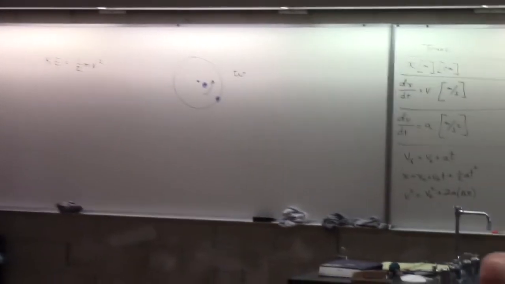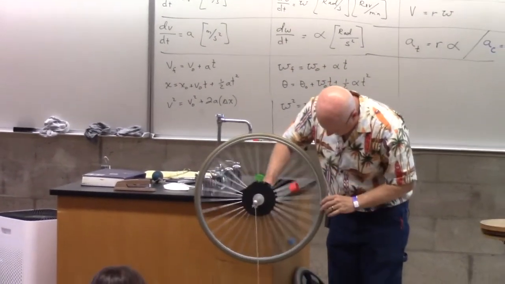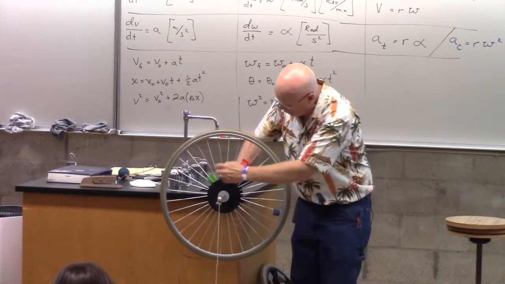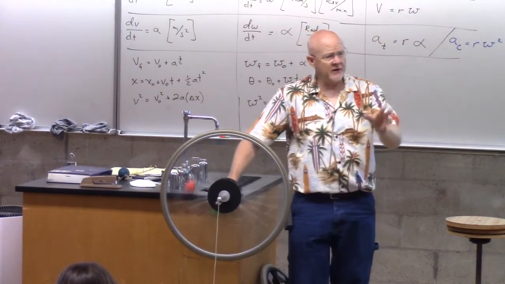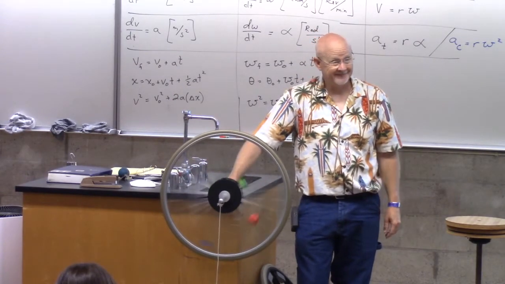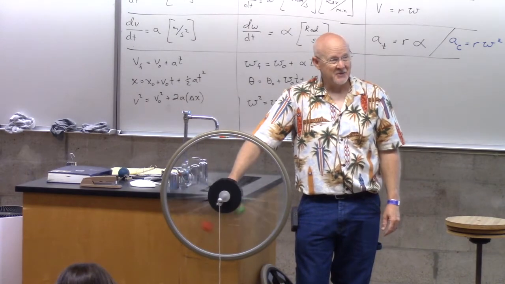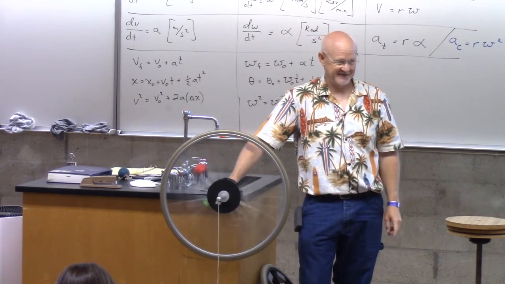Well, let me come back to this wheel. I think you'll see that I have a blue cube, a red cube, and a green cube. And I'll spin it. Are they moving at the same speed? And I will say it's a loaded question, because is it the same translational speed or is it the same rotational speed?